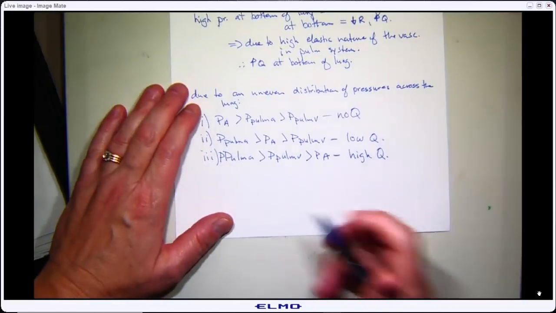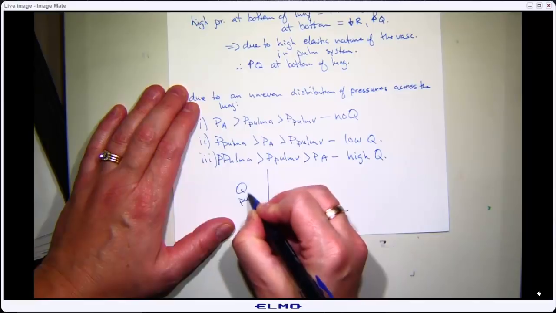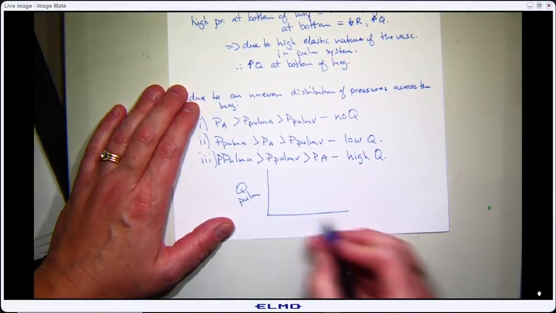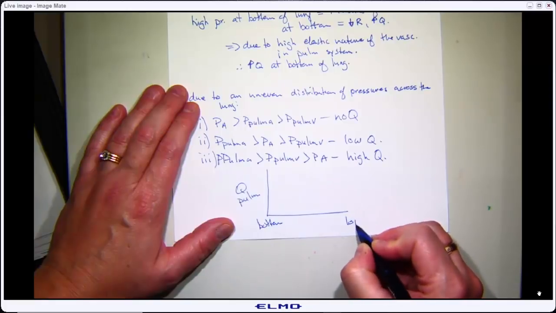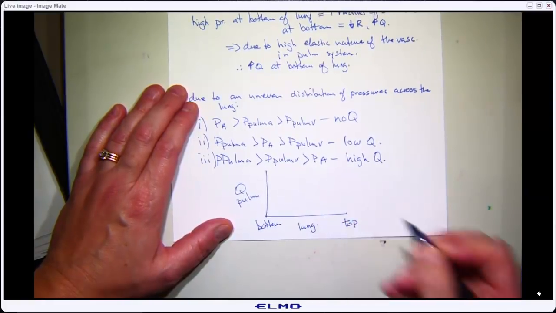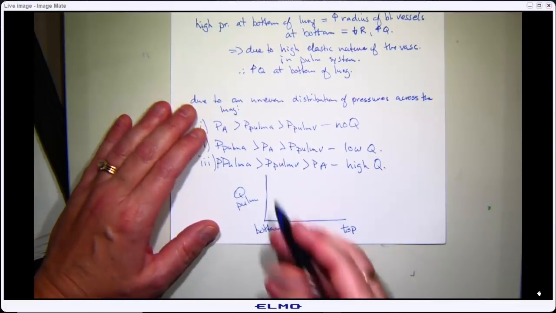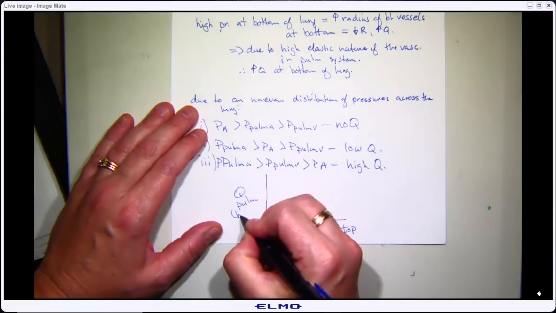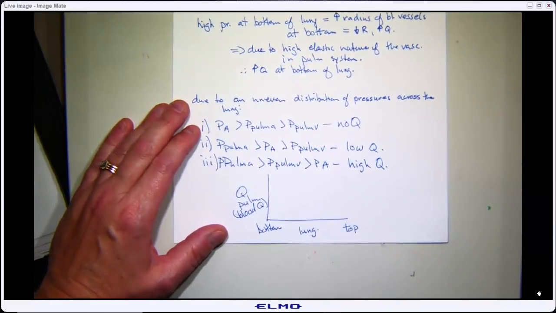So at the end of the day, when we think about flow in the pulmonary system, and we think about the bottom and the top of the lung, okay, so blood flow. We talked about airflow already. So let's make that clear: talking about blood flow across the pulmonary system.